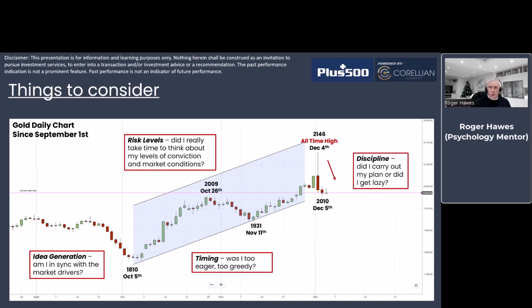One of the biggest ones, and you have to wait until you've closed out these trades, is to work out whether our disciplines have been correct. So many traders lose money because they lack discipline. And sometimes they lack discipline because they give the trade away too quickly. We always talk about planning our trade and then trading the plan.